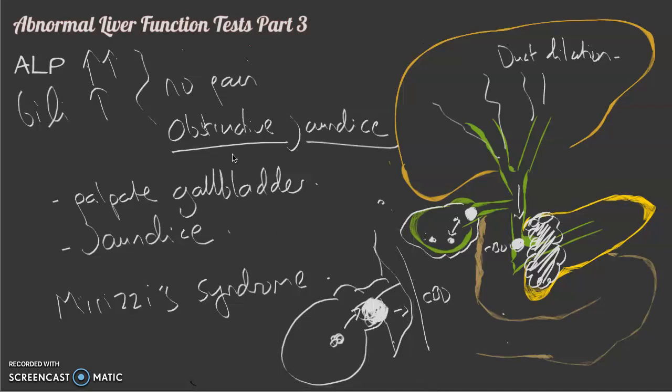So that's a general overview of ALP and bilirubin. But I think in this case, if they're in pain, then you pretty much have to look at admitting them, getting the ultrasound done, and an MRCP, to look for what is causing the pain with the abnormal LFTs. You can get acalculous cholecystitis, so cholecystitis without stone, as the name suggests.